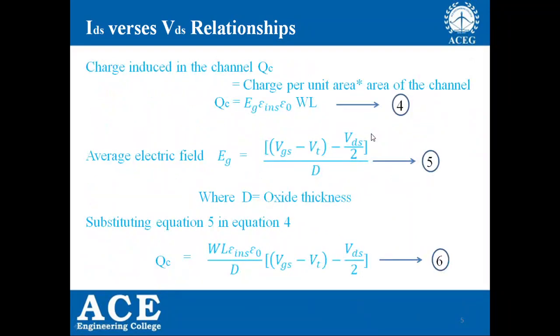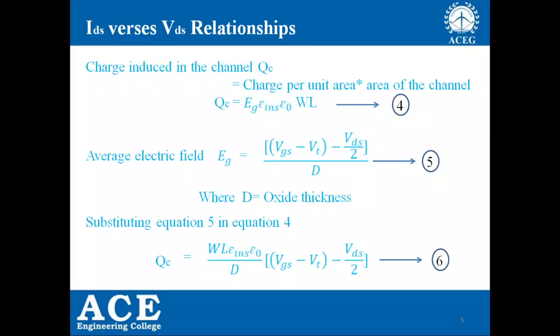And now let us substitute this Eg value in equation number 4, that means in the QC value, so that we will be having the value of QC as W into L into epsilon ins into epsilon naught by capital D into Vgs minus Vt minus Vds by 2.